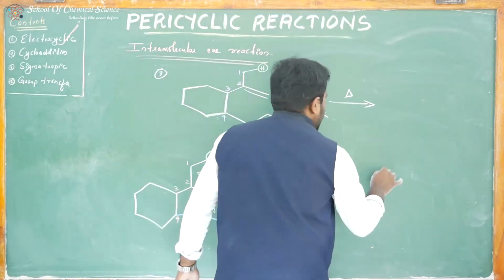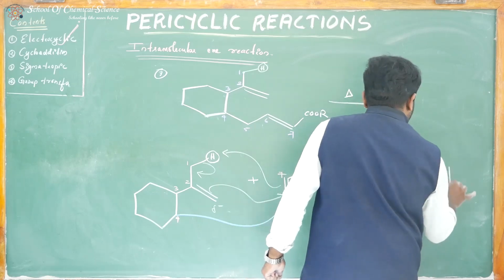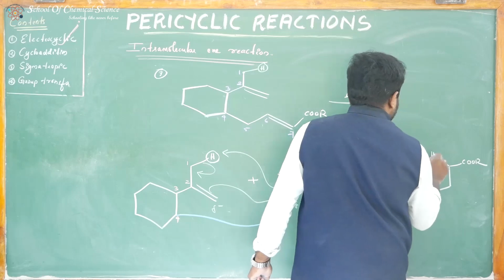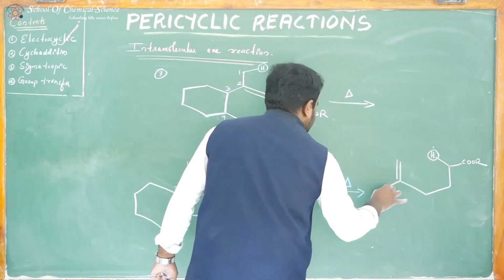Then what about the product? Between these two carbons, a pi bond that is connected to this carbon. Here COOR, and hydrogen is transferred to that carbon, then the remaining portion of the ring.